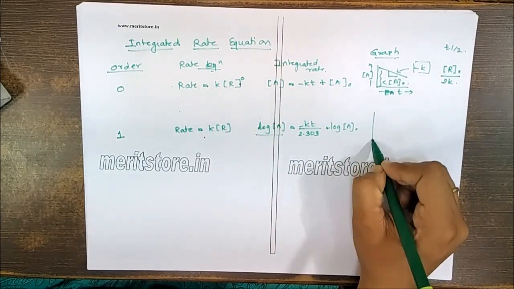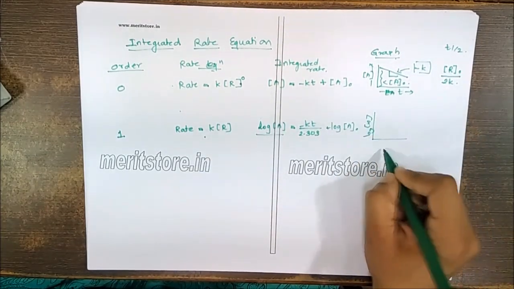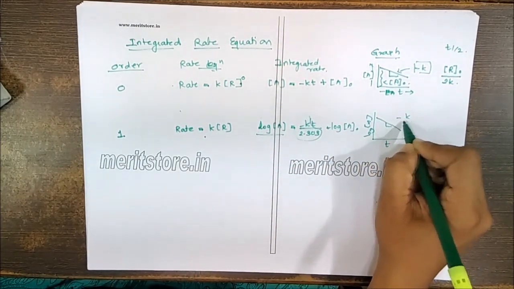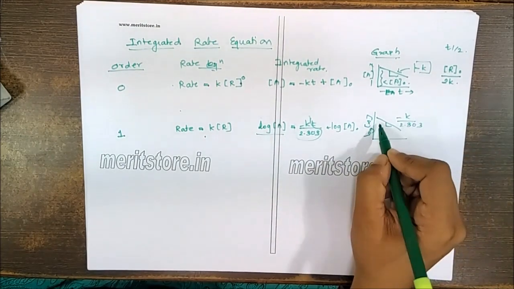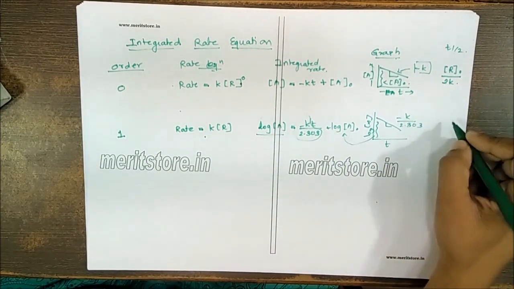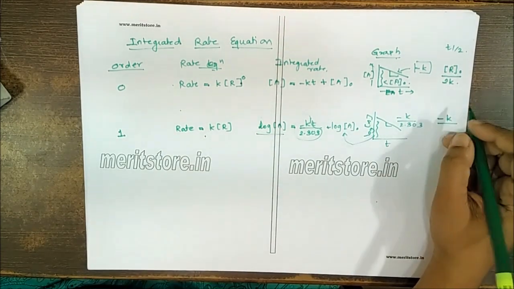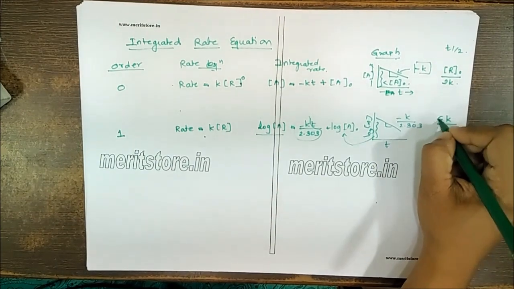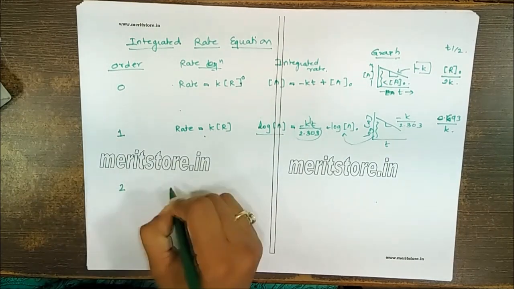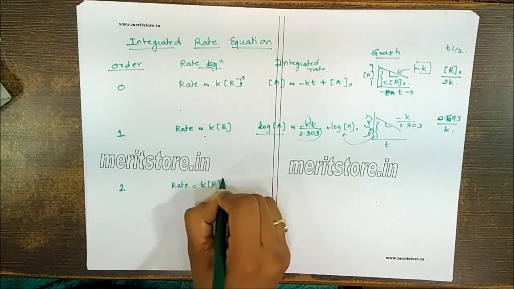So here we'll be plotting the graph of the log of concentration of A versus T. The slope will give us the value of minus K upon 2.303, and the intercept will be the log of A0. Here the value of T half should be 0.693 upon K.